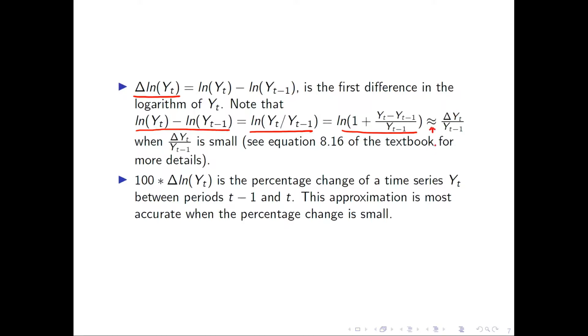which is approximately equal to the first difference in the y variable divided by the y variable at t minus 1, which is the return from t minus 1 to time t.